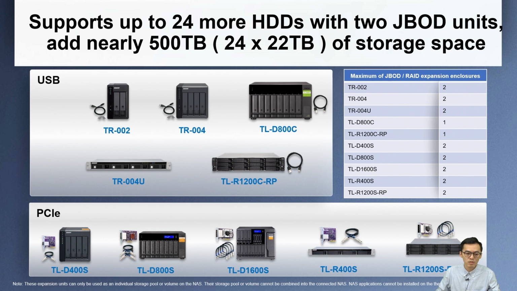Some JBOD models support hardware RAID and power backup. If you need capacity expansion, you can refer to the purchase options. These expansion units can only be used as an individual storage pool or volume on the NAS, so their storage pool or volume cannot be combined into the connected NAS, and NAS applications cannot be installed on them also.